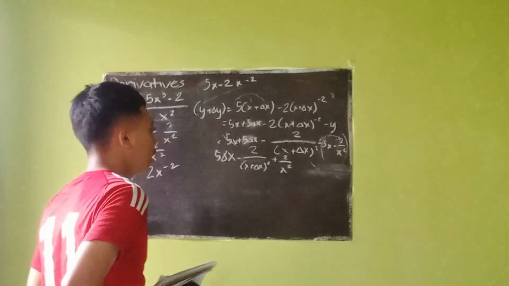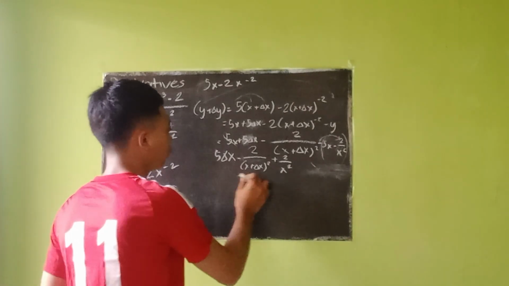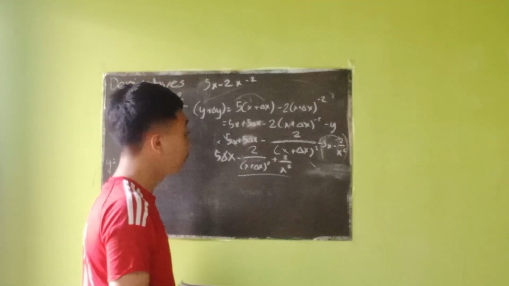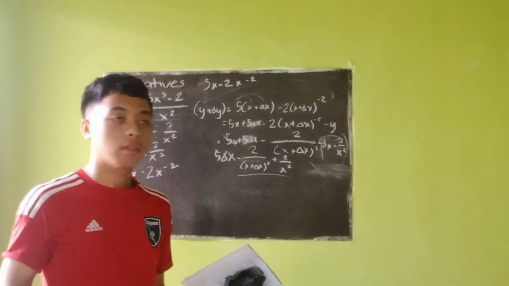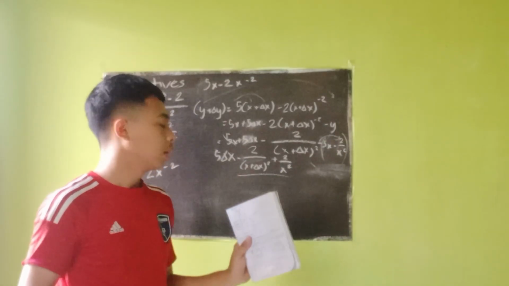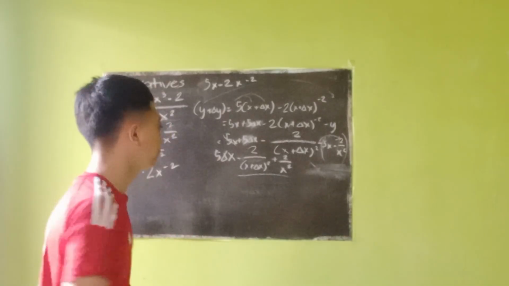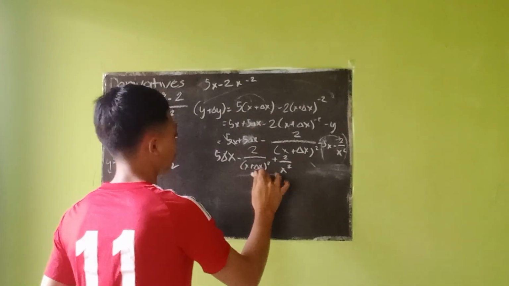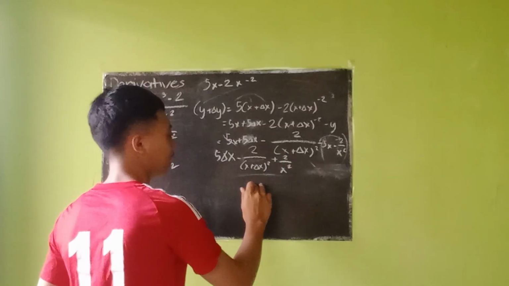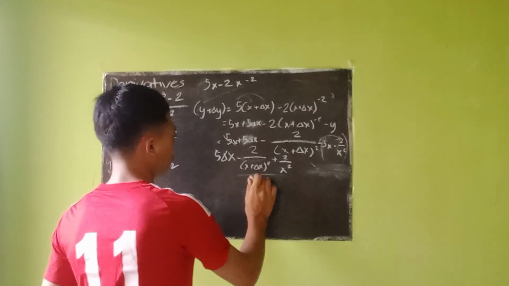Now after that, we have to find the common denominator, which is the quantity of x plus delta x squared and also x squared. So we'll do that, and then we'll have to multiply each with its respective numbers.